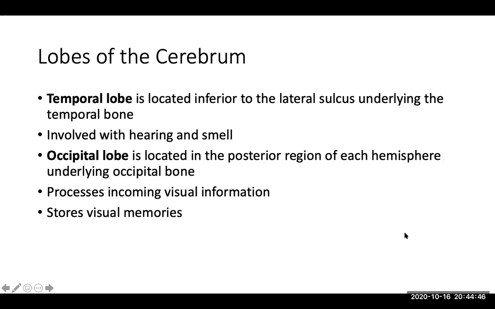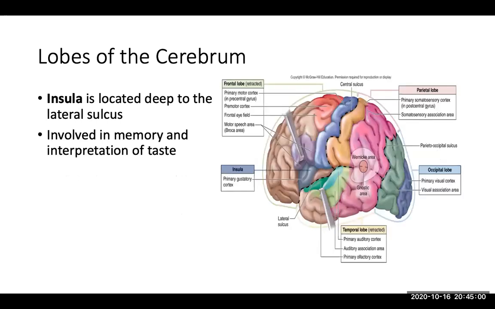The temporal lobe is located inferior to your lateral sulcus. It's involved with hearing and smell. The occipital lobe is in the back, and that processes incoming visual information as well as storing all your visual memories. The insula is located deep to the lateral sulcus, and it is involved in memory and the interpretation of taste.